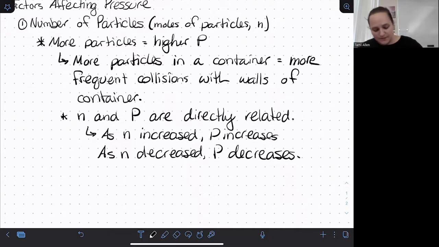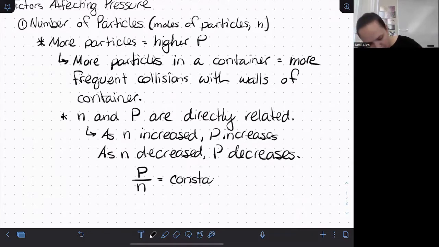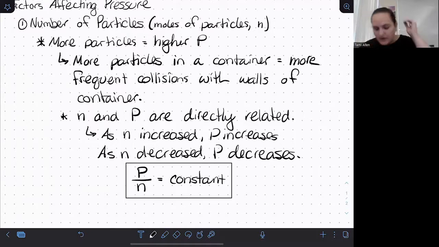So mathematically speaking, we can express this as P over n or n over P, doesn't matter which way you think about it, is going to be equal to a constant. So if we know the pressure of some sample, let's say that 1 mole sample of some gas has a pressure of 1 atmosphere.